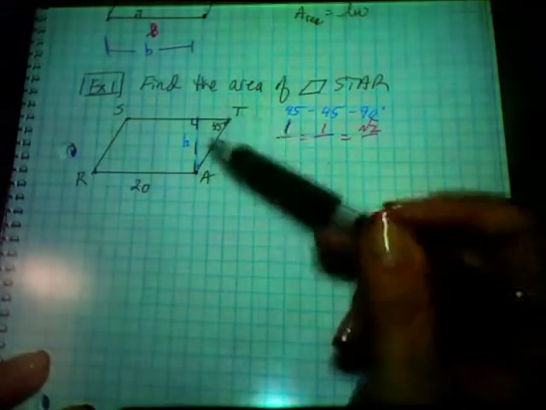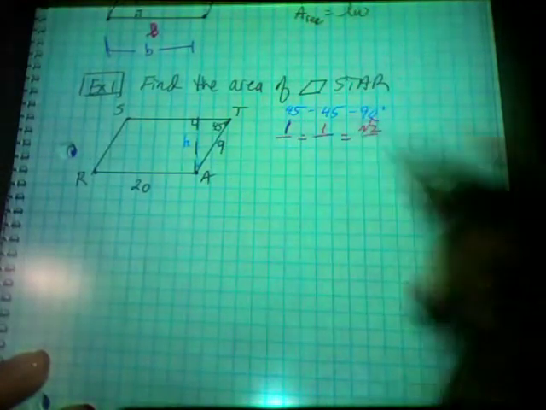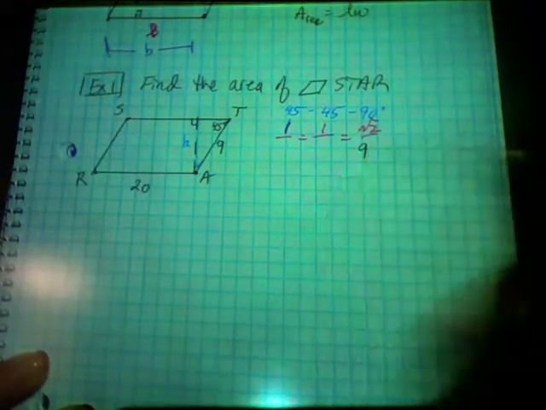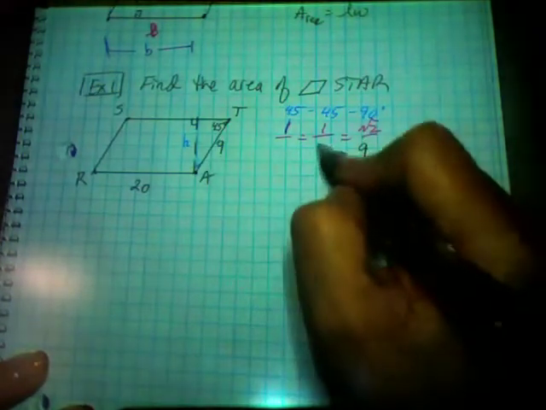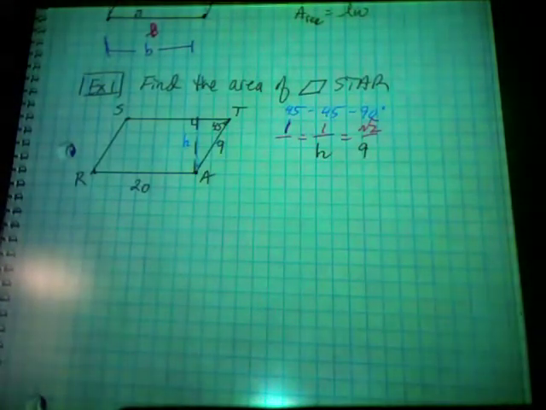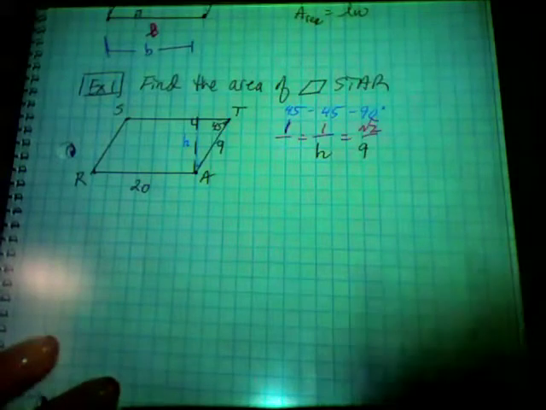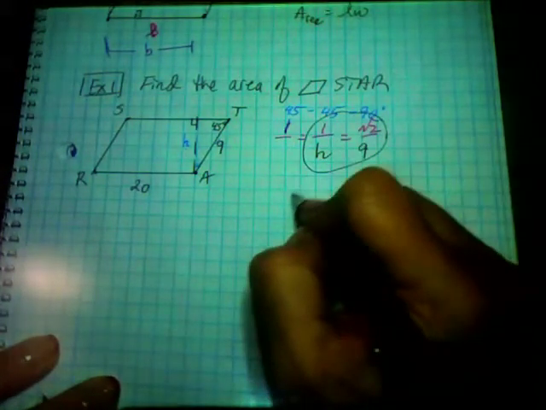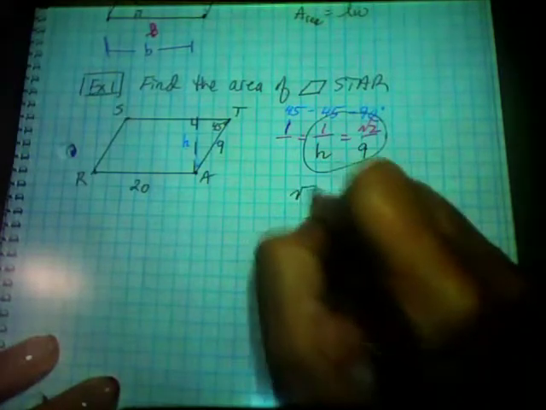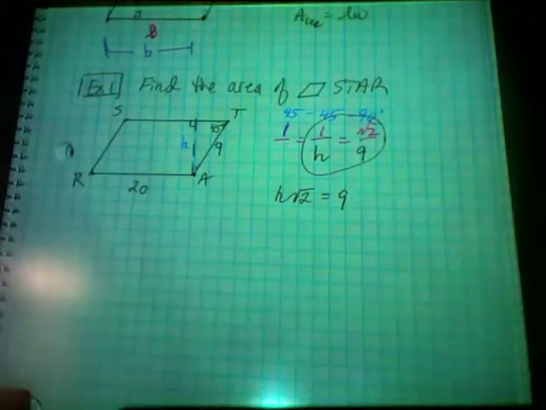So I only know one thing really, and this 9 is across from my right angle. So the 9 goes underneath the rad 2, and then I'm trying to find h, which is across from 45, so I'm going to put an h underneath my 45. Okay, so write this down, because we're using prior knowledge. So I'm going to solve that proportion. So h times rad 2, h rad 2 equals 9. How are you going to solve?